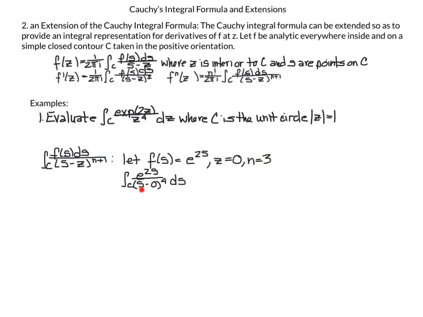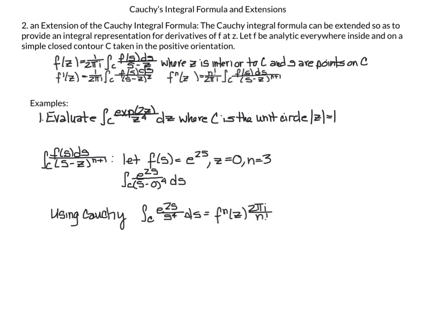And you can see now I have my closed curve integral in this form with my f of s identified as e to the 2s, my z, which is the point interior to the circle, as 0, and n equals 3.